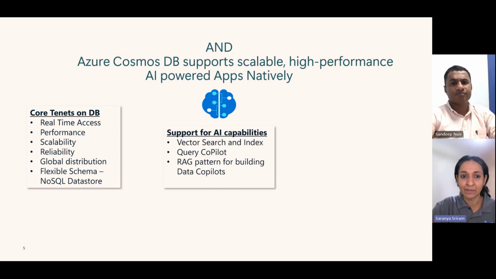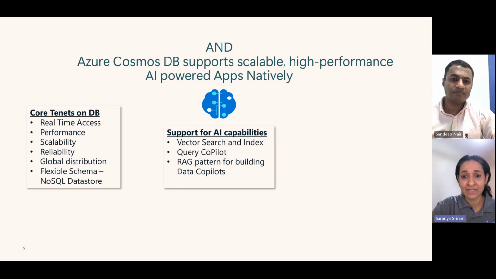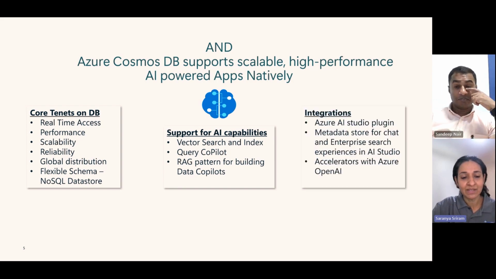It also supports AI capabilities such as vector search, with a vector index built in natively, the ability for you to run copilots on queries, natural language queries that we can optimize and create the actual queries for you, and RAG pattern-based data copilots for your application. And last but not least, on integrations, Cosmos DB is integrated with the Azure AI Studio plugin.